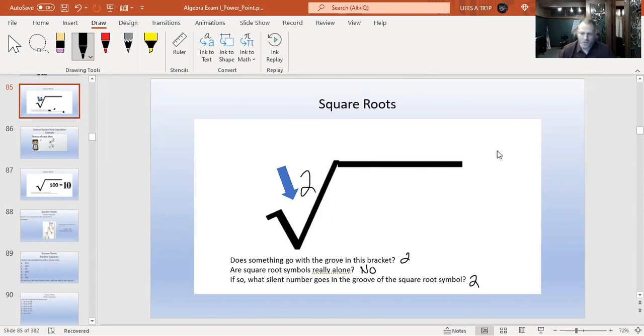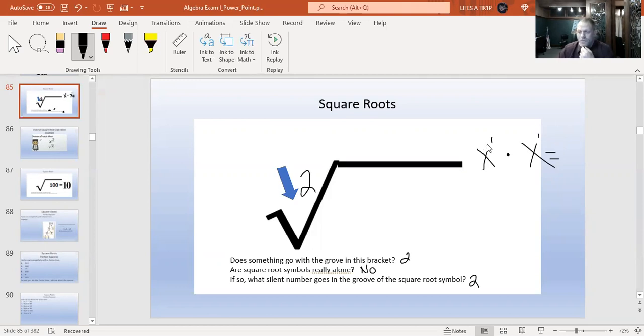All right, guys, so where does this 2 come from? Do you remember in other videos where I showed you two variables, say an x times another x? These x's actually have silent 1s there. You may think that there are no numbers there, but there really are silent 1s.